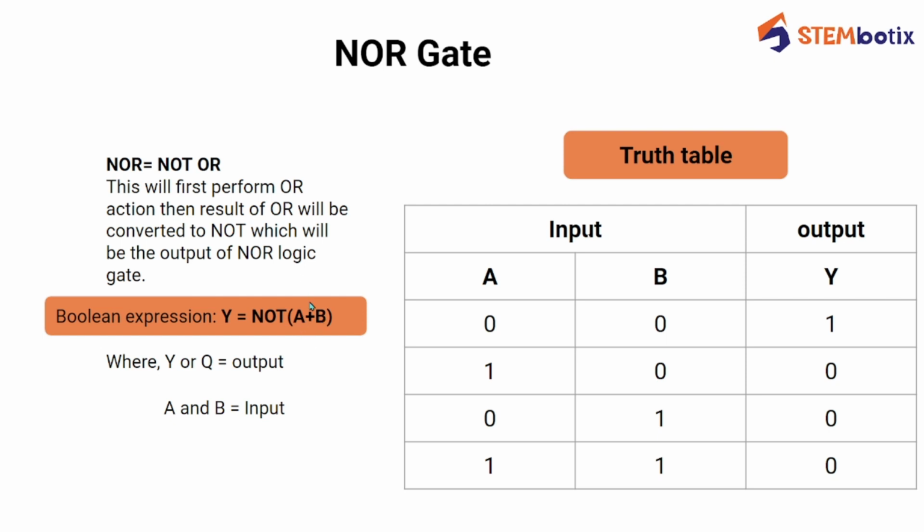So your answer would be 1 over here, but the inverse of 1 would be 0. And in case of both the inputs as non-zero, it will also give you 0, because 1 plus 1 would be 1, but the inverse of 1 would be 0. So this is how you get the truth table of the NOR gate.